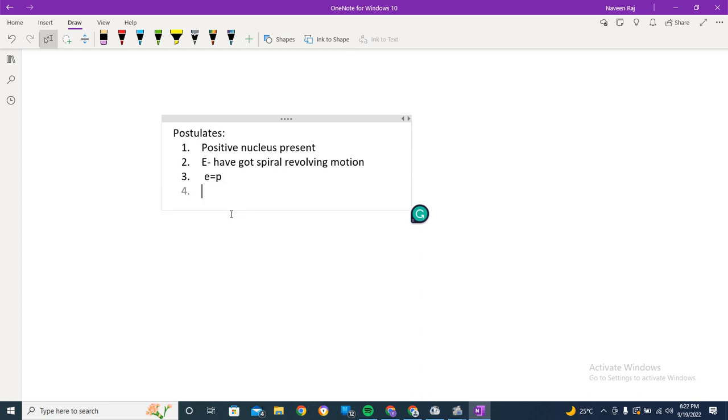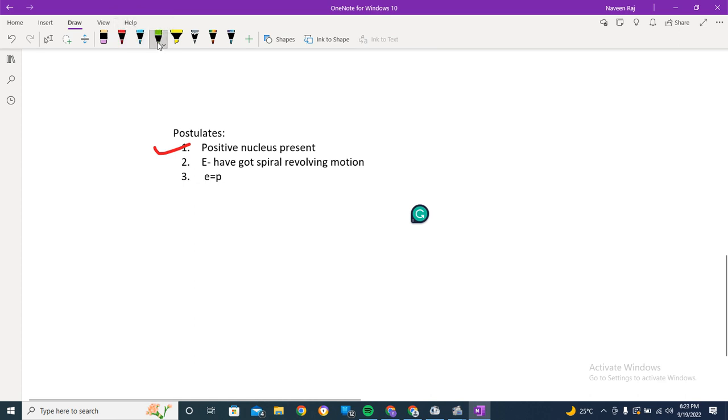But he said that it is somewhere applicable even in today's concept. The next part is, we have done with the major concepts. I do hope that we are done with it, and there was nothing else. The major discovery that we look into is this: the positive nucleus present.